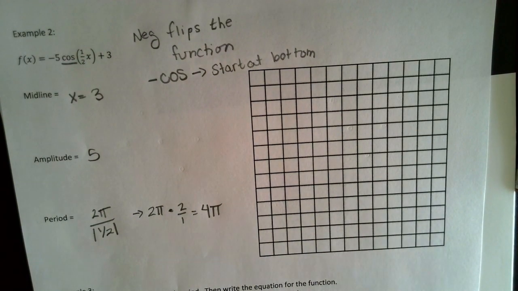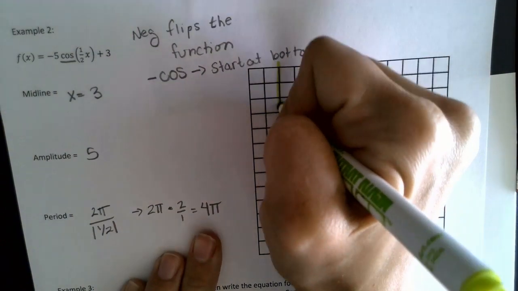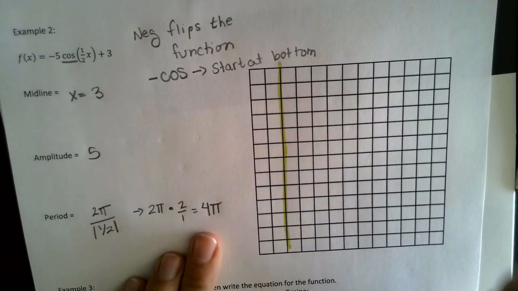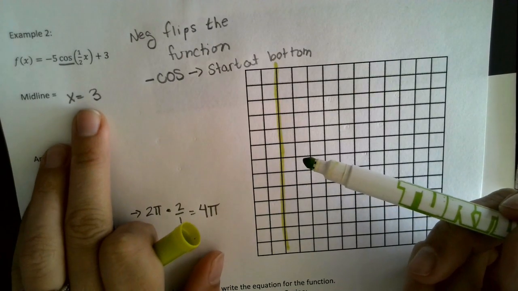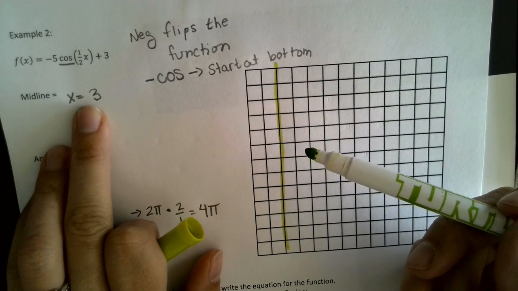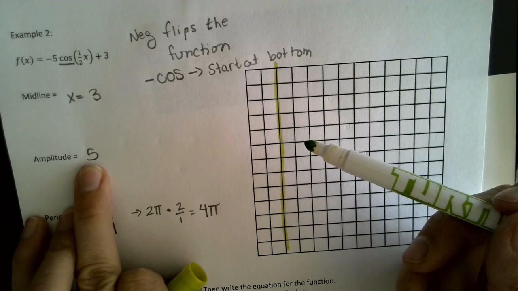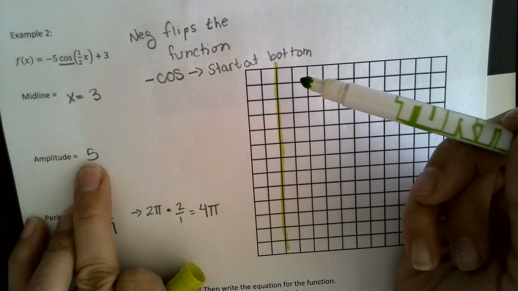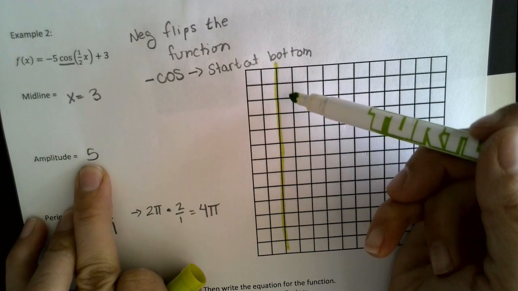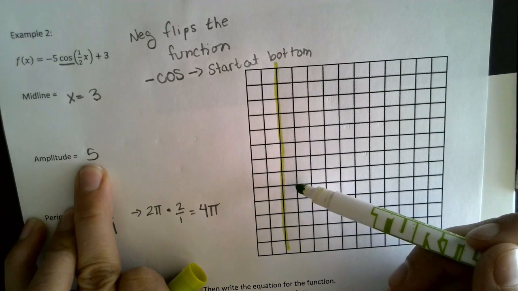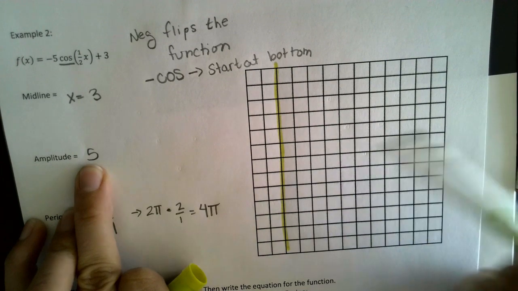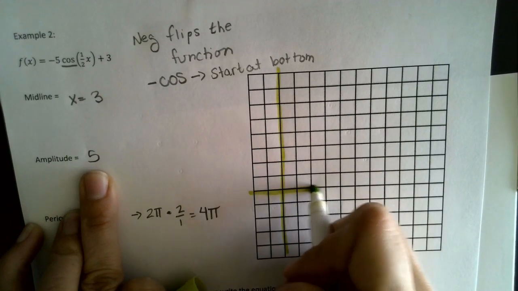Let's graph our x and y axis. Now, our x-axis, we have to be careful because I need the midline to be at 3, and then we're going 5 from there. So that's 8 altogether. 1, 2, 3, 4, 5, 6, 7, 8. And let's leave 1 for some room.